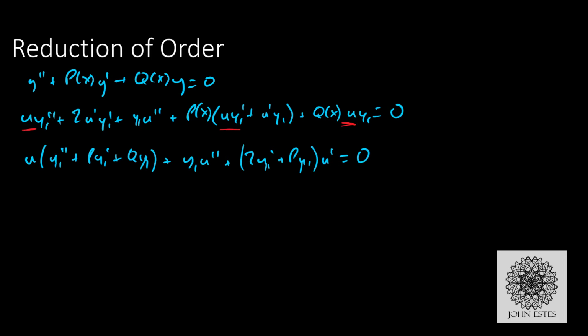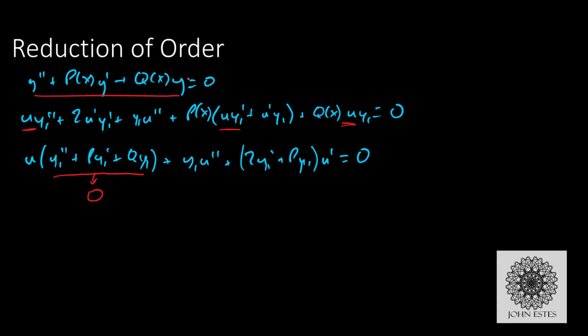The reason I'm interested in this is because remember y1 is a solution to this equation. So if I plug y1 into that equation, I get 0, and so this expression is equal to 0.